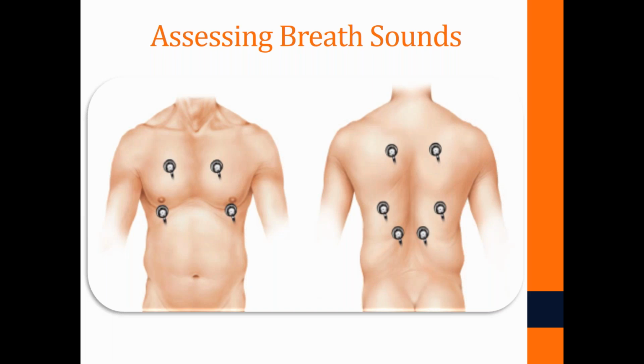And then on the right side, we'd have apex, middle lobe, and base of the right lung. Back lung sounds are a little bit more difficult to listen to, and the back is only the back of the front. So if you only listen to anterior, you're not hurting anybody or hurting anything.